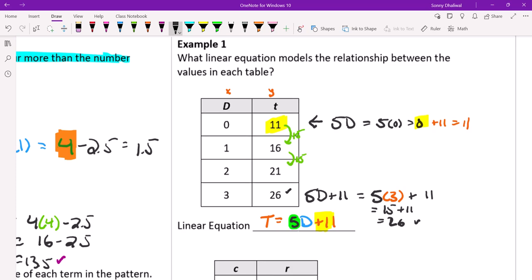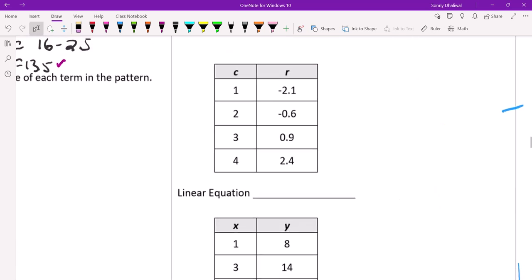All right? Let's do it 2 more times. Okay? So, start off by writing down the beginning half of an equation. Y equals. We don't have y's and x's, so is it C equals, R equals? R. So I'm going to do R equals. All right?